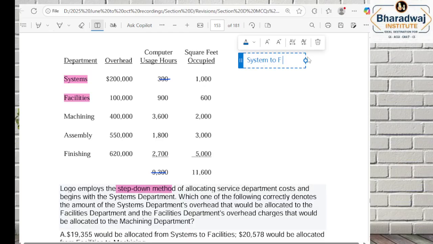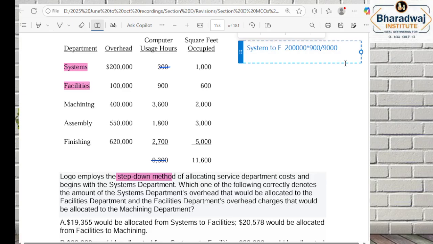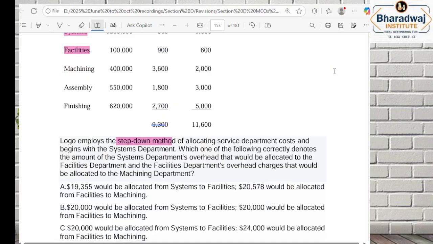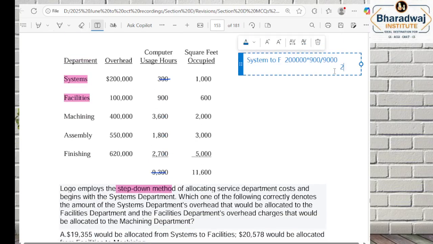System to facilities will be 2 lakhs into 900 by 9,000. 2 lakhs into 900 by 9,000, how much you get? 20,000. Correct.